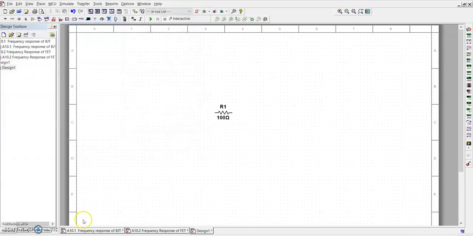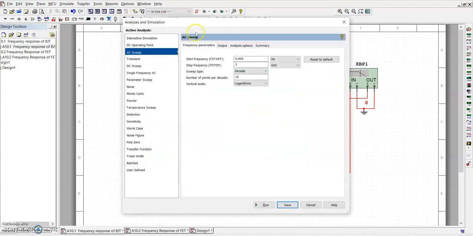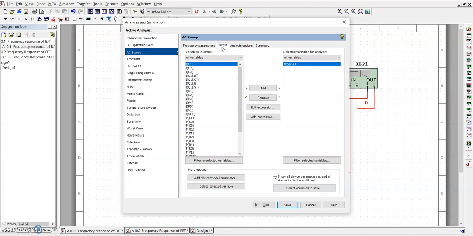I have already designed the circuit diagram for the frequency response of BJT. This is the circuit diagram. Now let's run and see what the outputs are. Select AC sweep. Go to the output. We know that the gain is the ratio between the output voltage and input voltage.